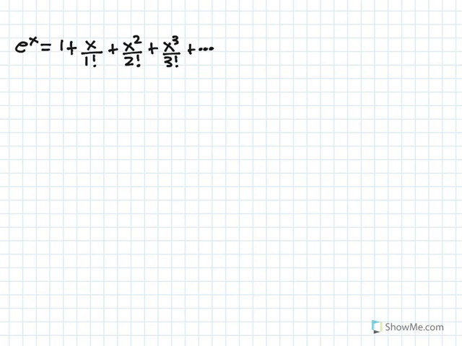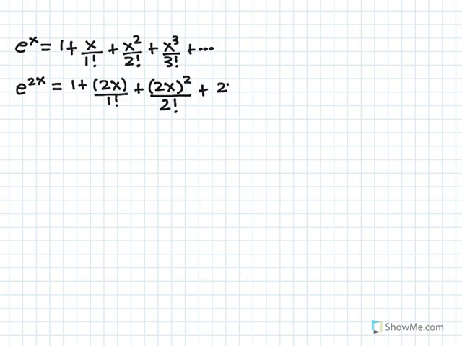So let's replace x by 2x. E to the power of 2x is equal to 1 plus 2x divided by 1 factorial plus 2x all squared divided by 2 factorial plus 2x all cubed divided by 3 factorial and so on.